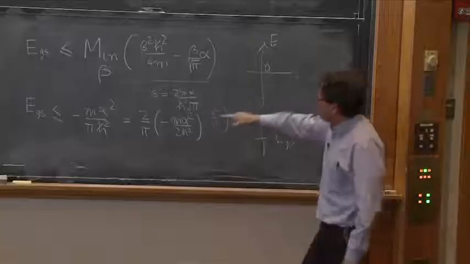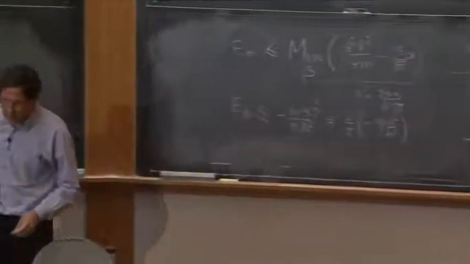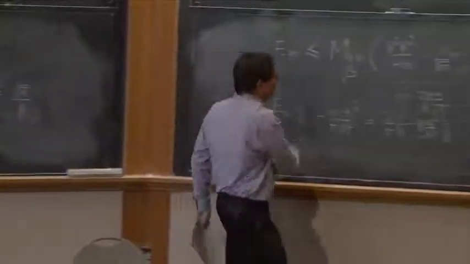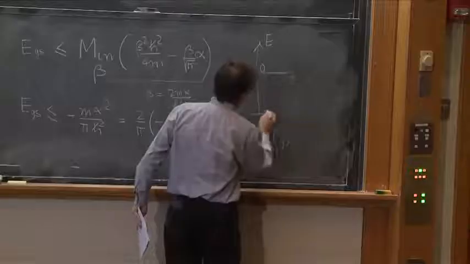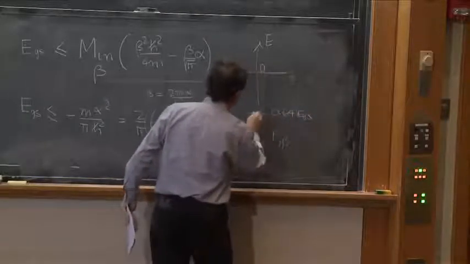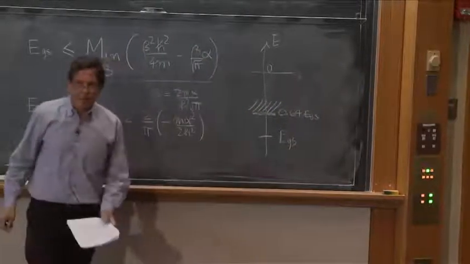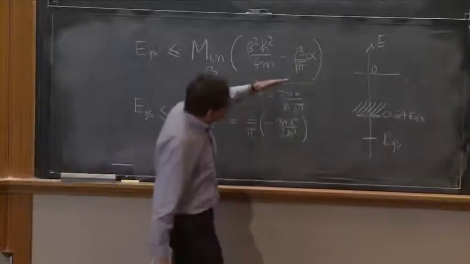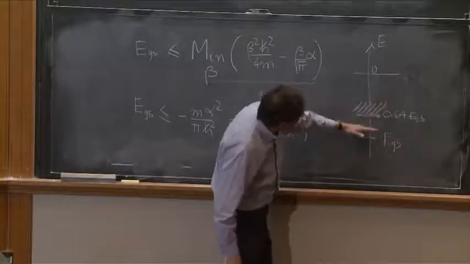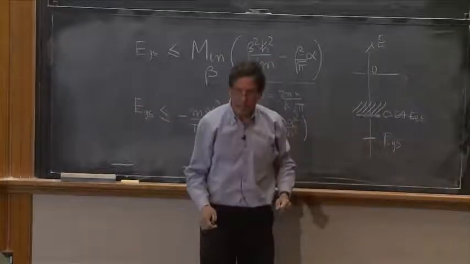And we got 2 over pi times that. 2 over pi is about 0.64. So the bound says that here is 0.64 EGS. So that's what the bound told you. The ground state energy must be lower than this quantity. We got close, not impressively close, but the function was not all that bad either.